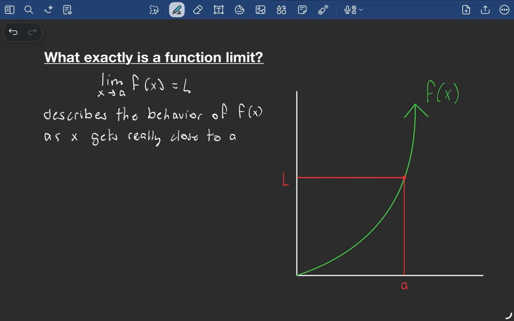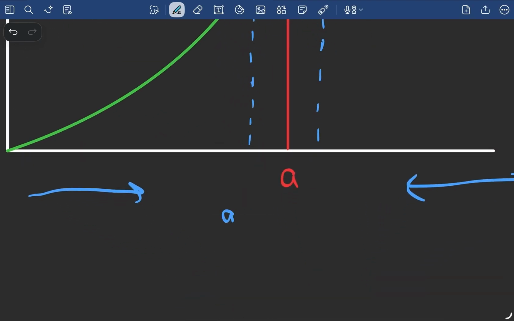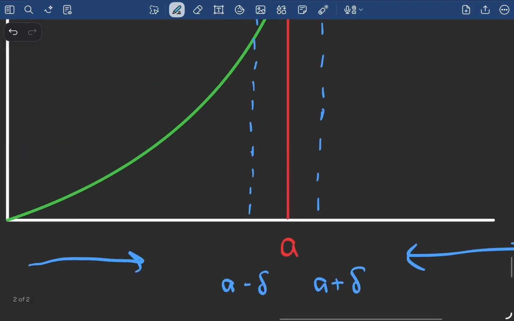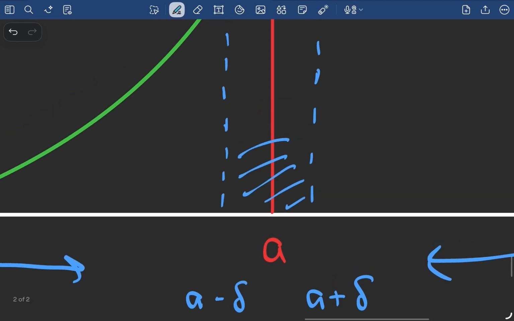Now, basically what that means, if we were to look at a diagram of this, is as x becomes closer and closer to a, we can imagine a variable delta such that if we take the interval around a that is denoted by delta, which I'm going to draw in here, we have a minus delta, and this would be a plus delta, and the area in between here would be from a minus delta to a plus delta.